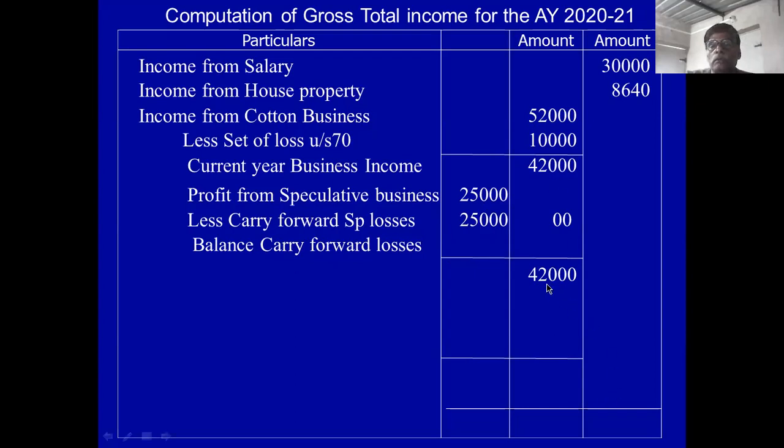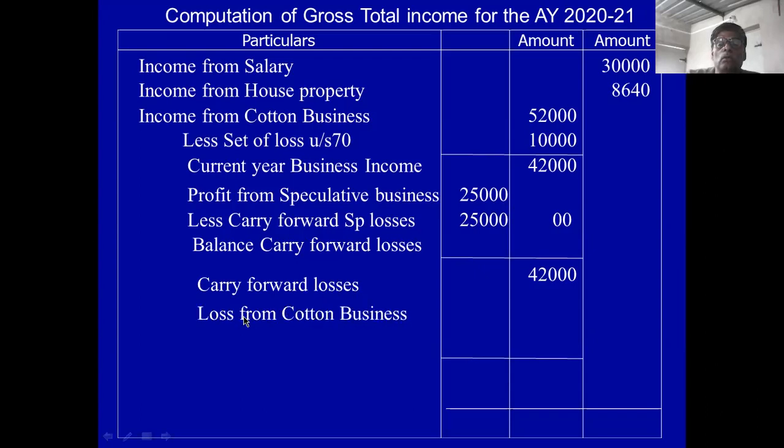Business income is 42,000. In the current year business income, you set off previous year losses. So carry forward losses: one is cotton business loss 8,000.